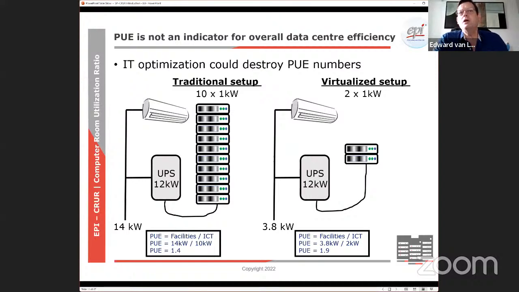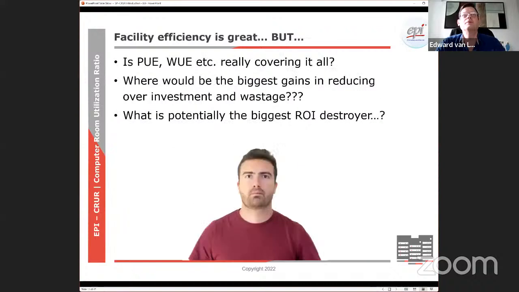So PUE is not the only number we should look at, because it could look great, but it doesn't mean that we are very efficient. PUE only indicates how efficiently we have the UPS and the air conditioning infrastructure set up. But it says nothing about what is actually happening on the floor. So the question is really, right, is PUE the magic number, and is that the only thing? Does it really cover everything?